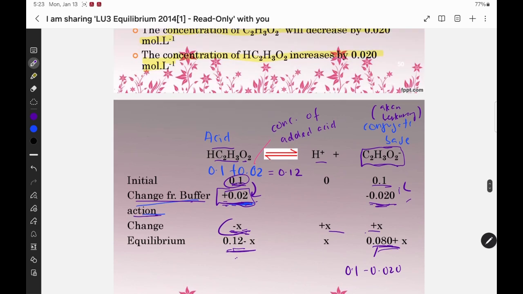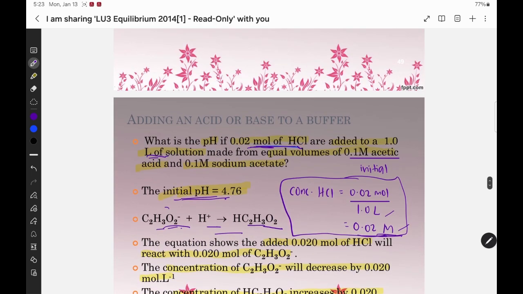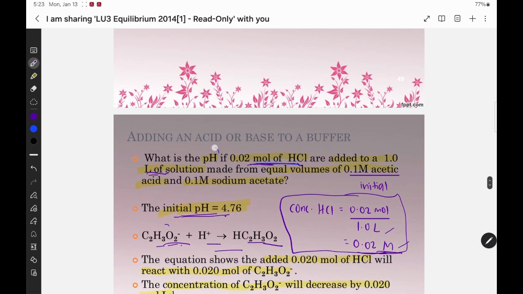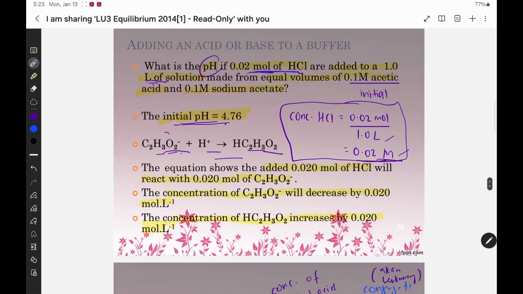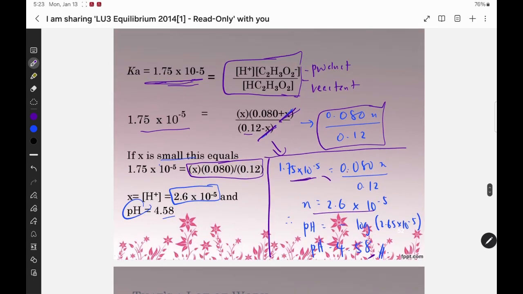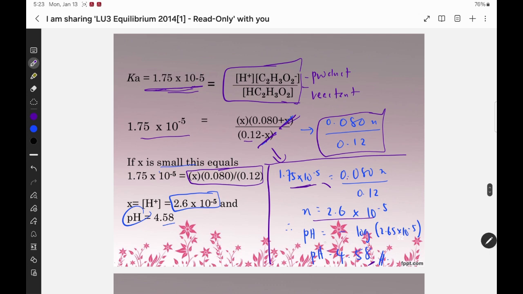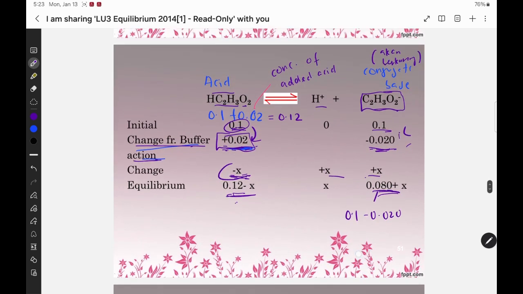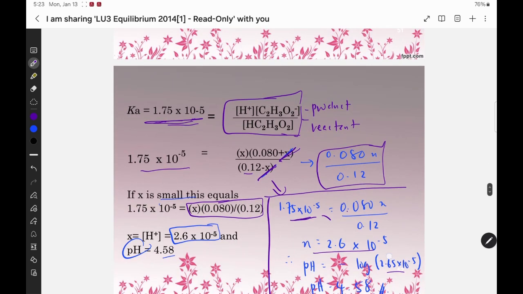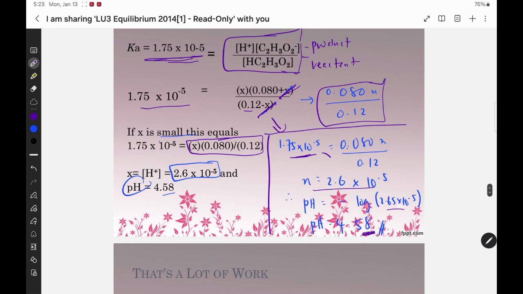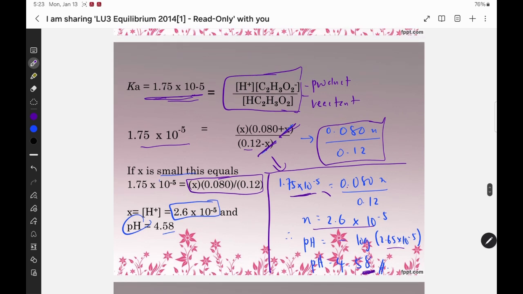After that, as the question is to find the pH of this mixture, we just use the formula of negative log of the value of this change just now, which is x. So finally we got the answer of 4.58 pH. That is all from me.